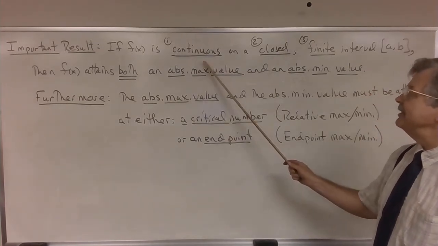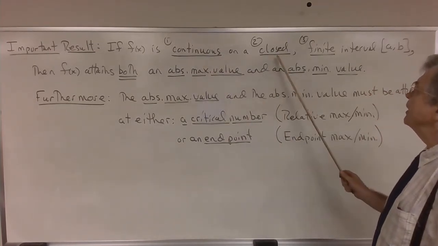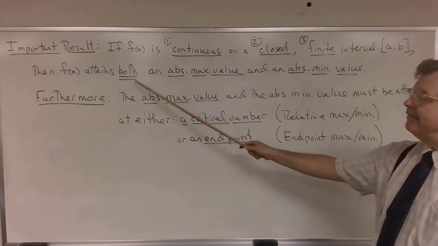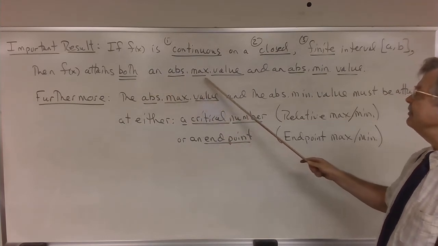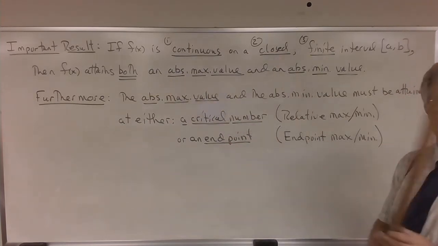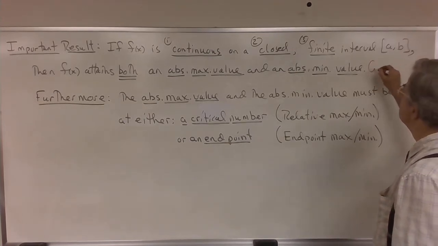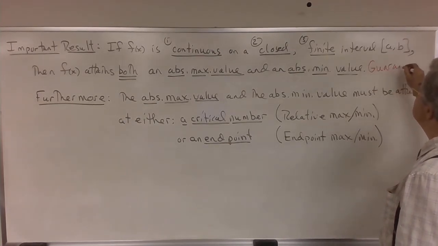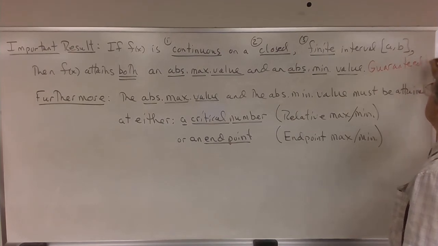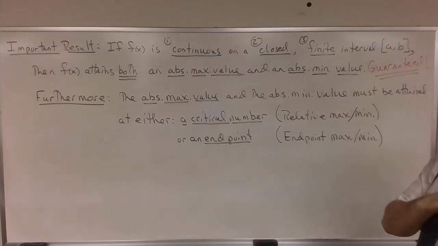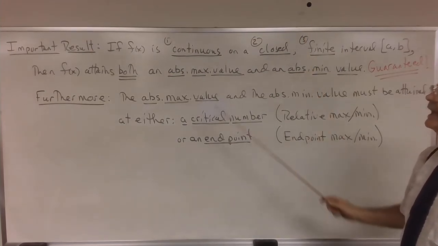If f of x is continuous on a closed finite interval [a, b], then f of x attains both an absolute maximum value and an absolute minimum value, guaranteed. So let's see what the conditions are again.